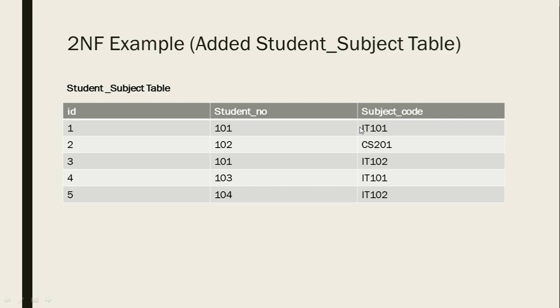Now, in this instance, I've included a primary key for this table, but in fact, you can delete this. Another strategy would be to not include another primary key for this one, because when you combine the student number and the subject code together, it can provide a unique primary key by combining these two columns.